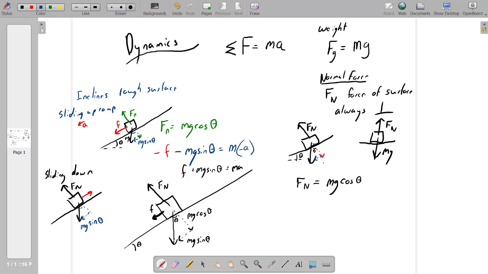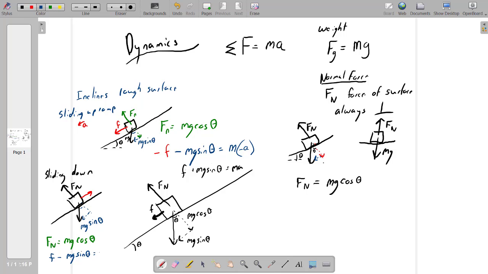Okay, so I would do the same thing, like I could calculate my Fn. My Fn here is equal to mg cosine theta. And now if I'm doing the x direction, if we want to say that to the right is positive, I would have a positive F. I would have a negative, this is going that way, mg sine of theta.